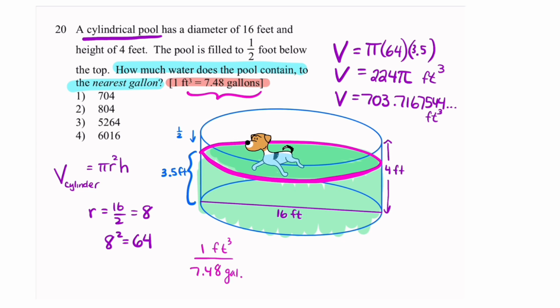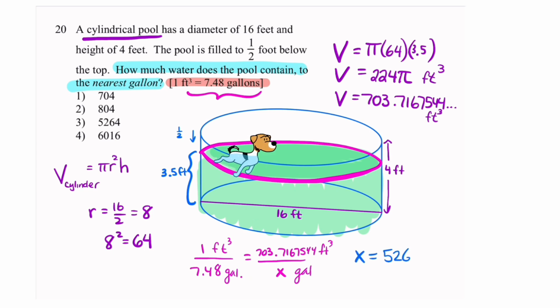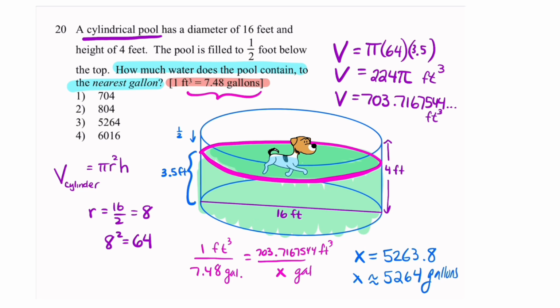Now, setting up a proportion, 1 cubic foot is to 7.48 gallons, as our number of cubic feet is to x gallons. A lot of proportions in this test. Cross-multiplying gives us a value of x as 5,263.8, which rounds up to 5,264 gallons, or choice number 3.